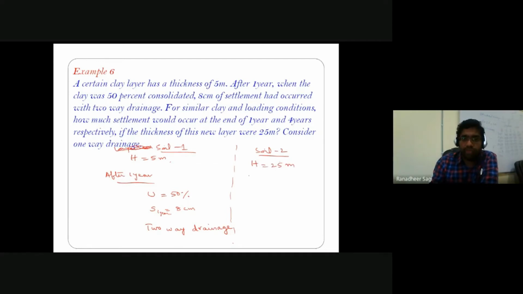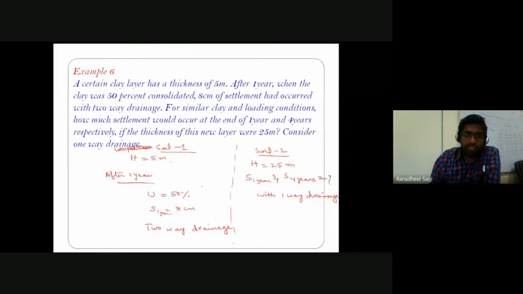Now what we are required to calculate is the settlement in the 25 meter thickness soil after 1 year, and the settlement after 4 years. With one-way drainage, it's not two-way drainage in that second case. You have only one-way drainage existing in that soil. So how do we proceed? How do we solve the problem?